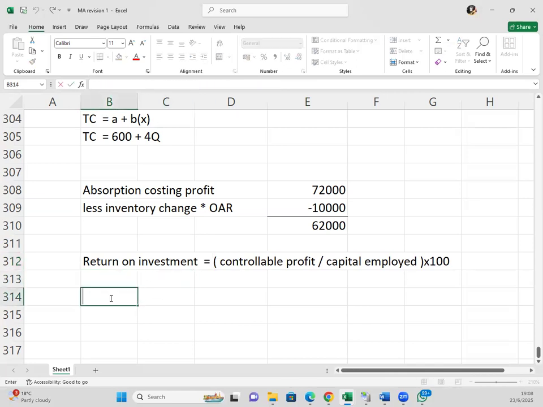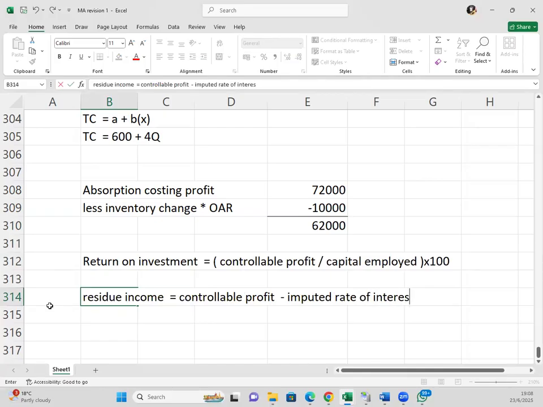Then besides the return on investment, we also have residual income. Residual income is the controllable profit minus the imputed rate of interest, that is the cost of capital times the capital employed.